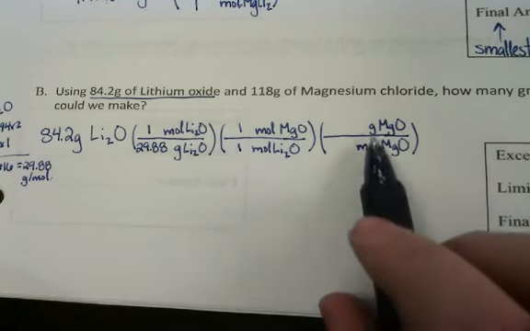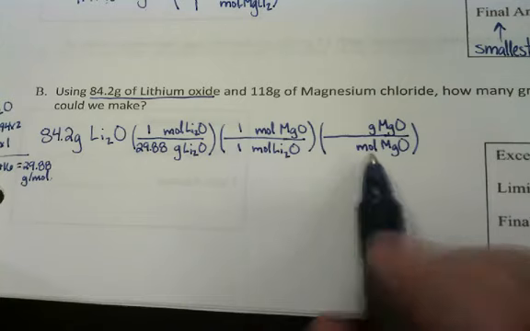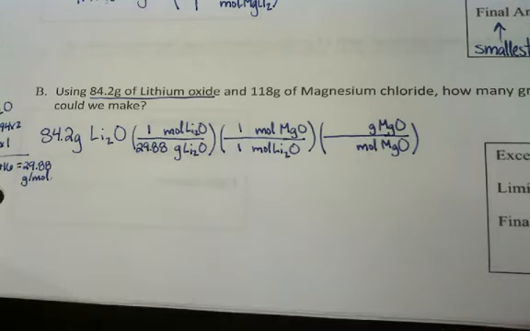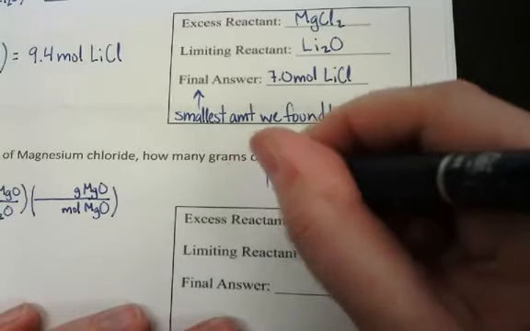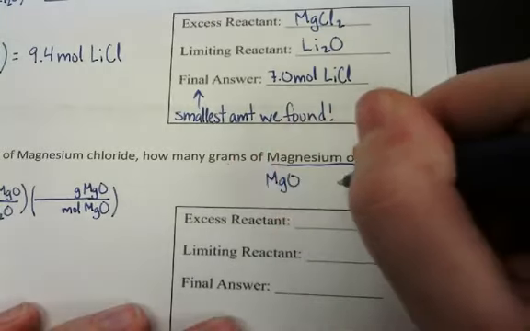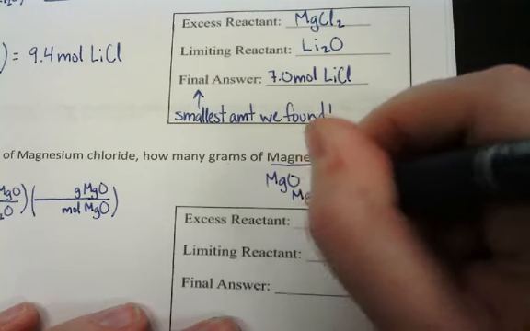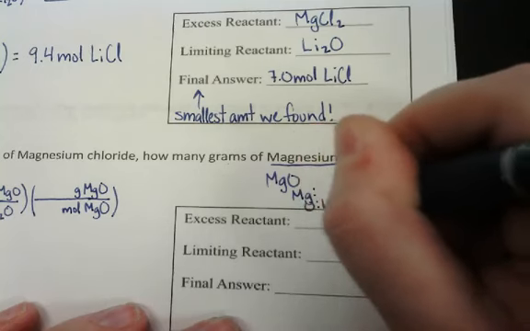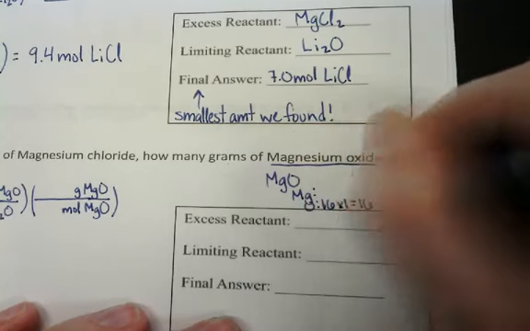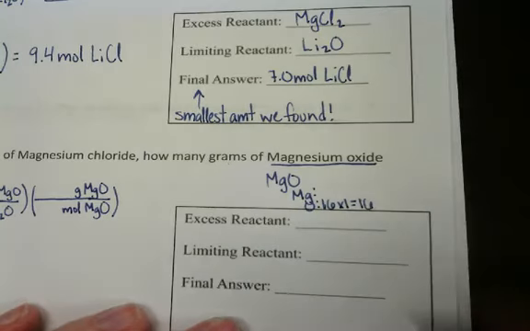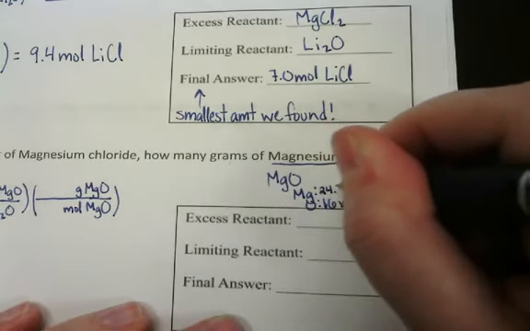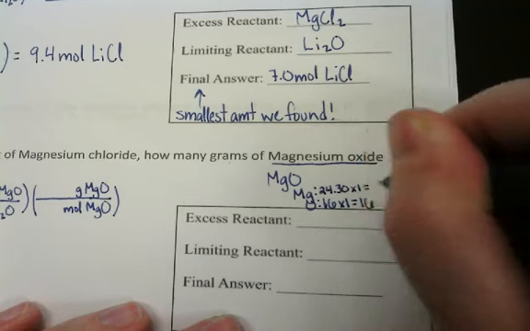So now we're back to grams and moles, so we use molar mass. So the molar mass of magnesium oxide: the mass of oxygen is 16 times 1 is 16. Magnesium, according to the periodic table, is 24.30.